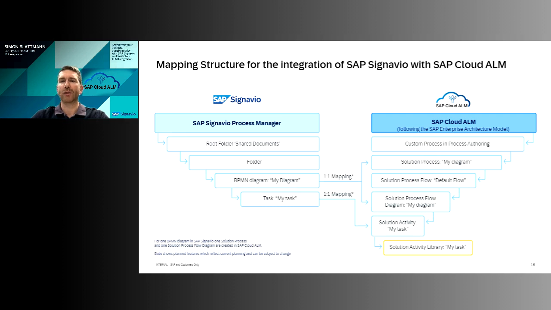Then the solution process flow diagram again becomes my diagram, taking over the diagram name. And then the solution activities take the names from the tasks in SAP Signavio. In SAP Cloud ALM, based on the solution activities in the BPMN, the tasks are also populated in the solution activity library with the respective names.